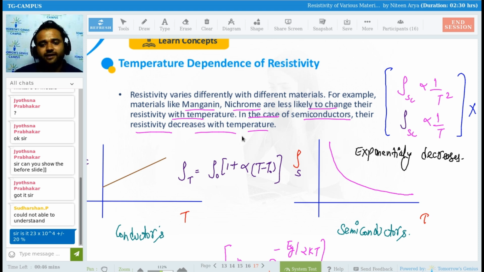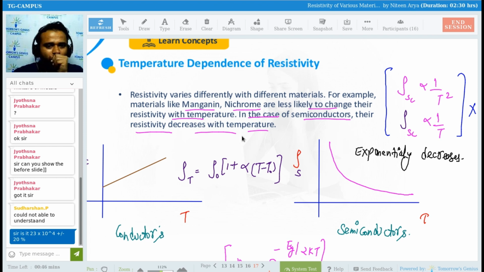They deliberately give a graph like this along with other graphs, and the question looks like this: pick the non-ohmic conductors from the given graphs.